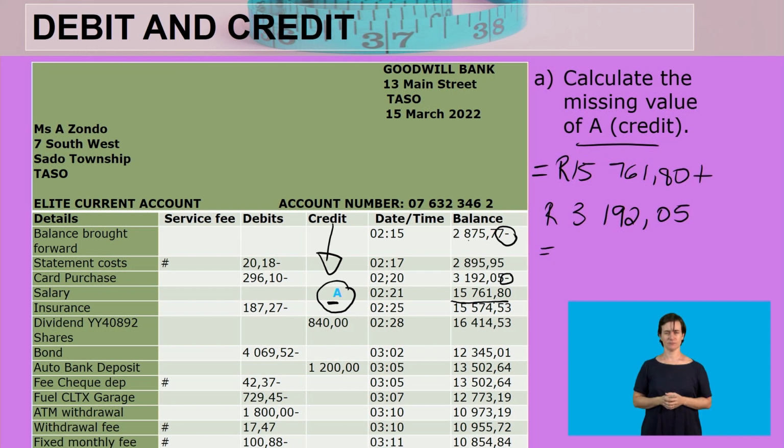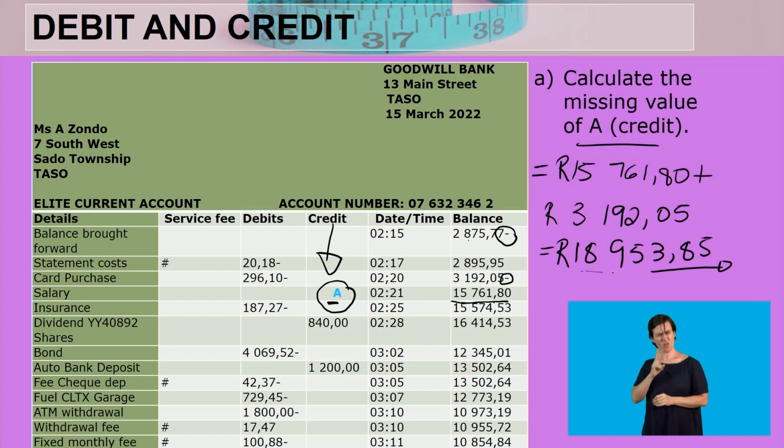So now we are going to have those two. We have 15,761.80 plus 3,192.05. So it means the total amount that was deposited was 18,953 rand 85 cents.